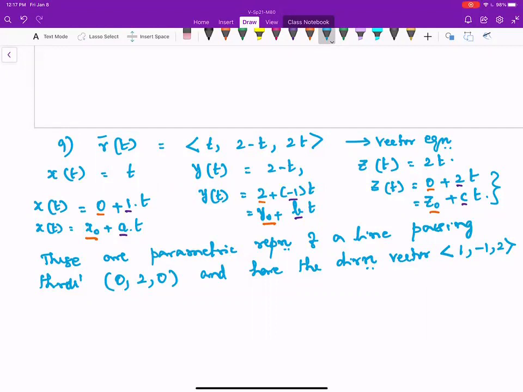So we need to graph this. The space curve here is after all a line, so that you have to know. It passes through this point and has a direction vector 1, negative 1, 2. We need to trace this.